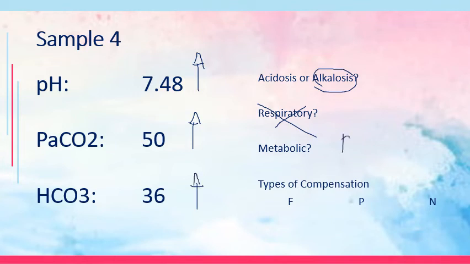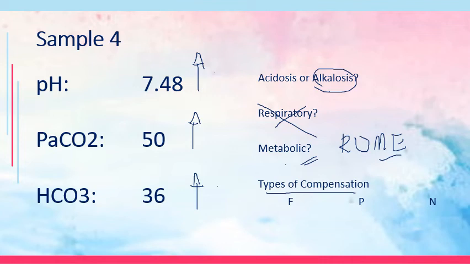Now, is this a metabolic problem? If I apply ROME, we know that metabolic should be pointing in the same direction. Are the arrows pointing in the same direction? Yes, they are. So this is a metabolic problem. Now, quickly saying the types of compensation. What do you think is the type of compensation? Since we have metabolic alkalosis, who should be compensating?